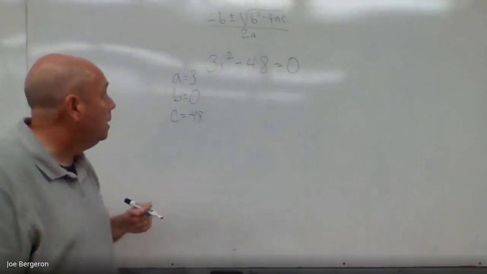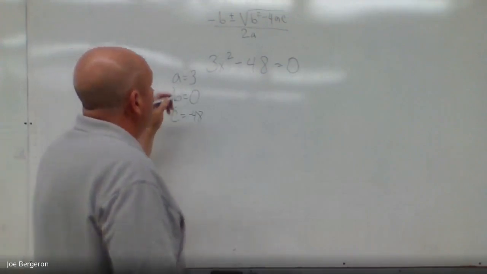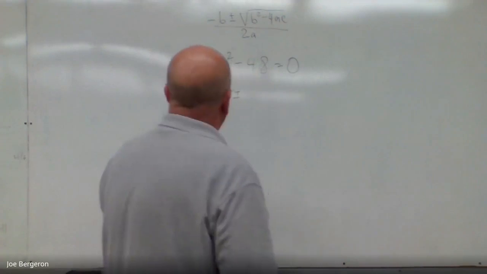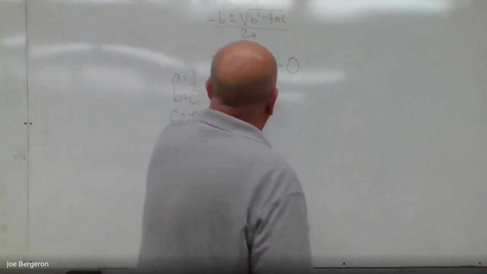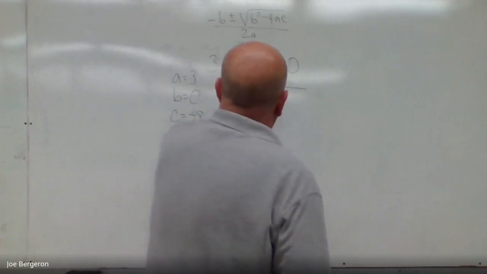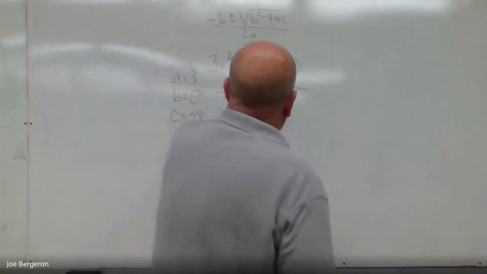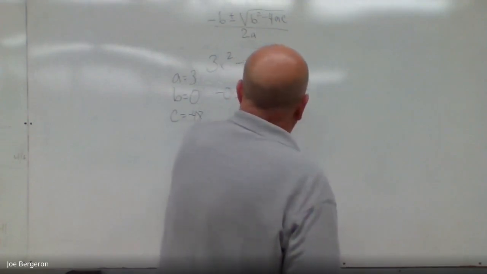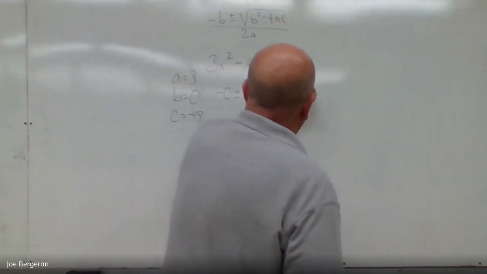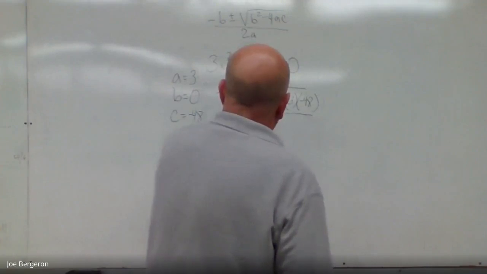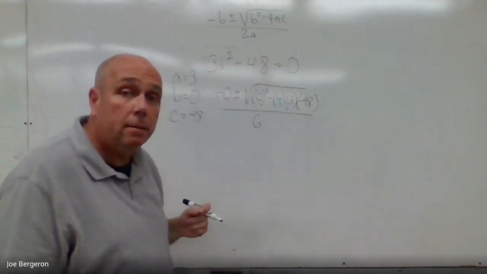All right. So negative B plus or minus the square root of B squared minus 4 times A times C, all over 2 times A, or 2 times 3, is 6.